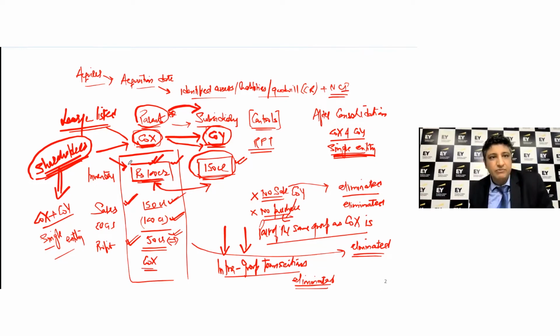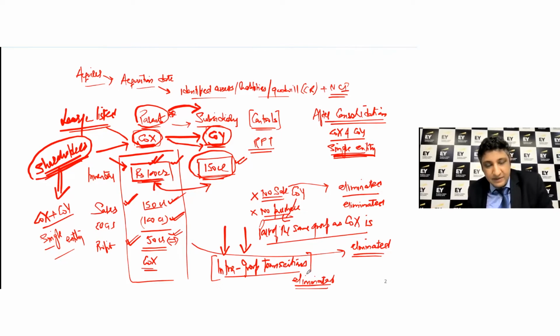Okay, so when you look at this entire scenario, what we are trying to say here is that when we do consolidation, all such transactions would get eliminated, and the right picture of the business is reflected when we do that. Okay, right?